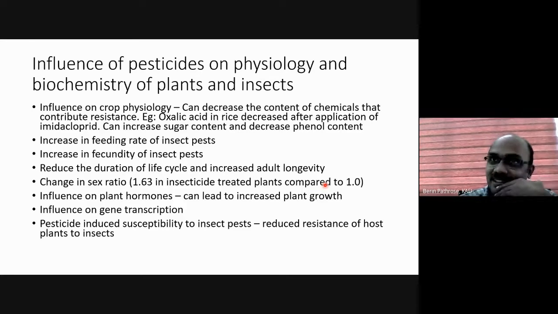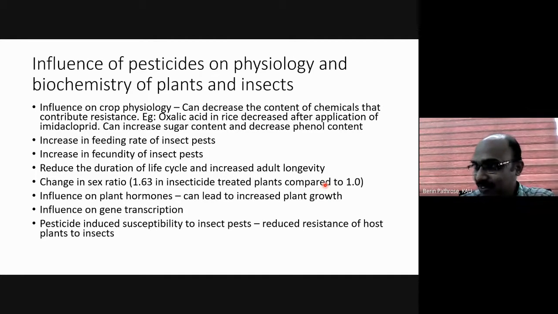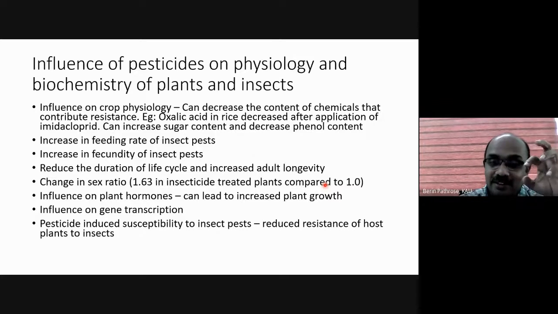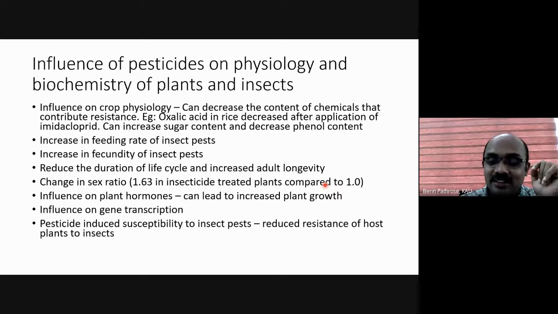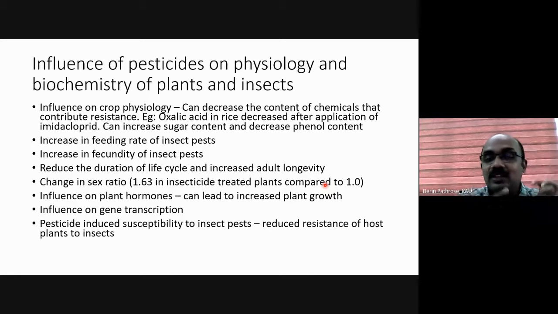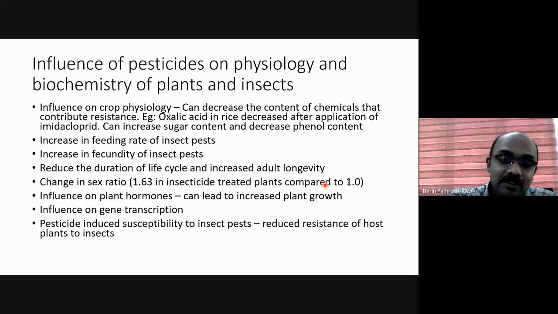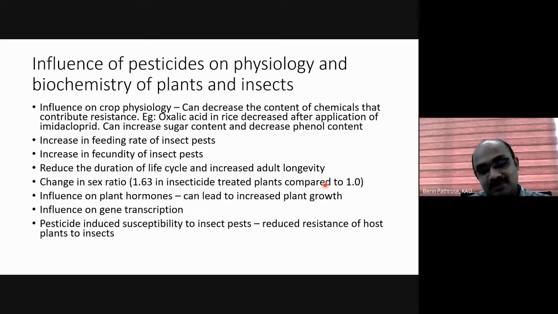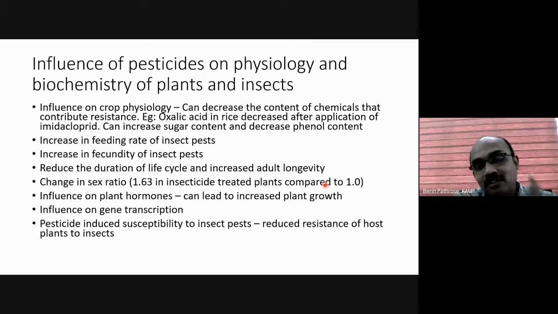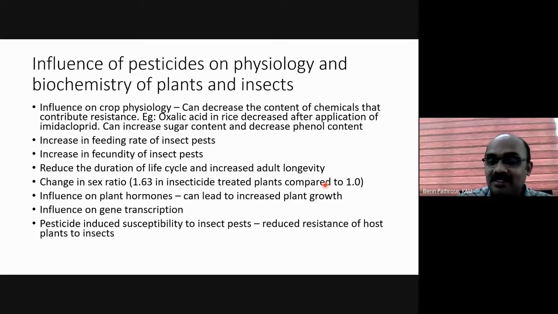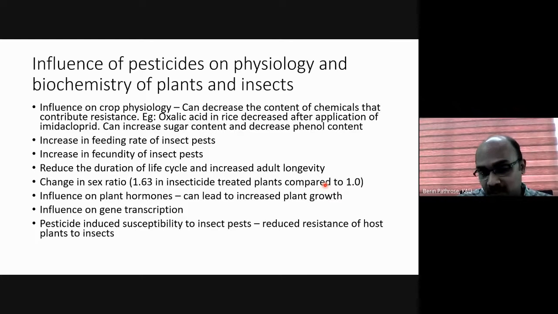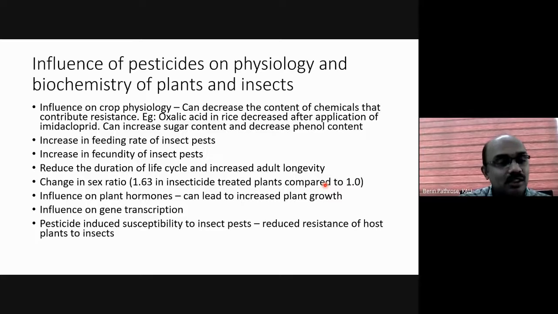And one extremely important study found that if you go for a pesticide spray, it will act on a gene, and that gene will lead to an increase in mite population and a decrease in the predators of mites. So those kind of interactions are there between pesticides and physiology. Those kind of things we normally avoid.